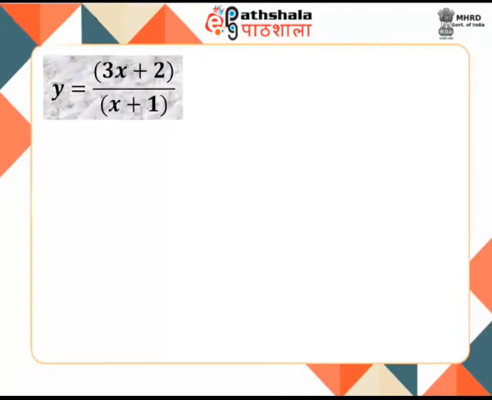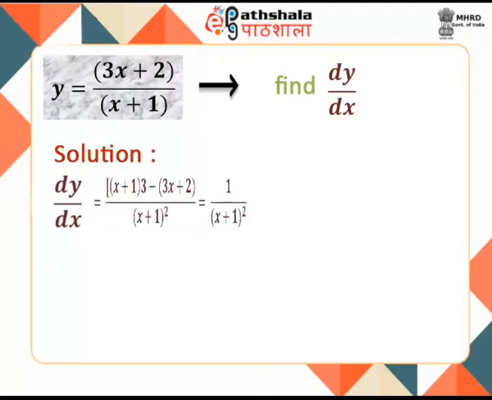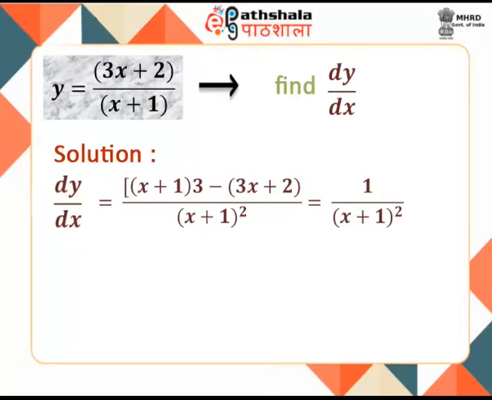If y equal to (3x plus 2) by (x plus 1), find dy by dx. Solution: dy by dx equal to [(x plus 1) 3 minus (3x plus 2)] by (x plus 1) whole square equal to 1 by (x plus 1) whole square.